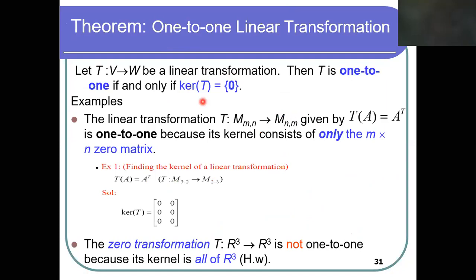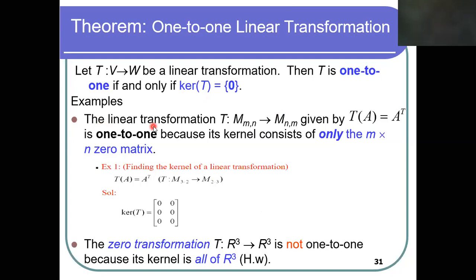If the transformation is from Rn to Rm, the kernel of the transformation is always a subspace of Rn, not of Rm, which is the codomain. If the kernel of a transformation is 0, then the transformation is always one-to-one.